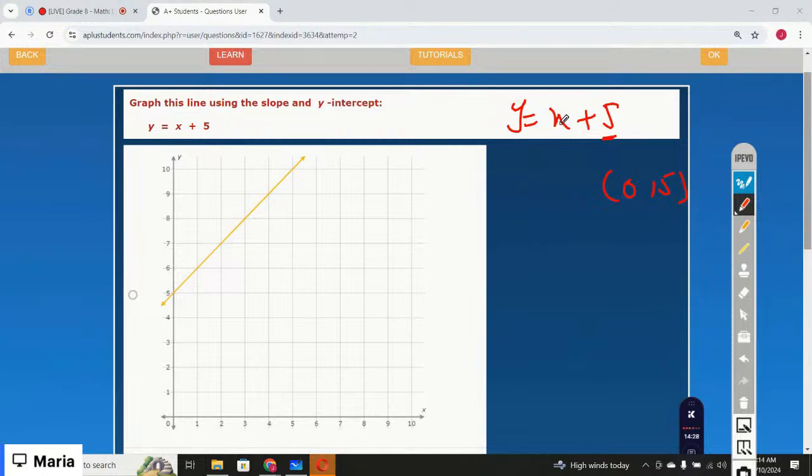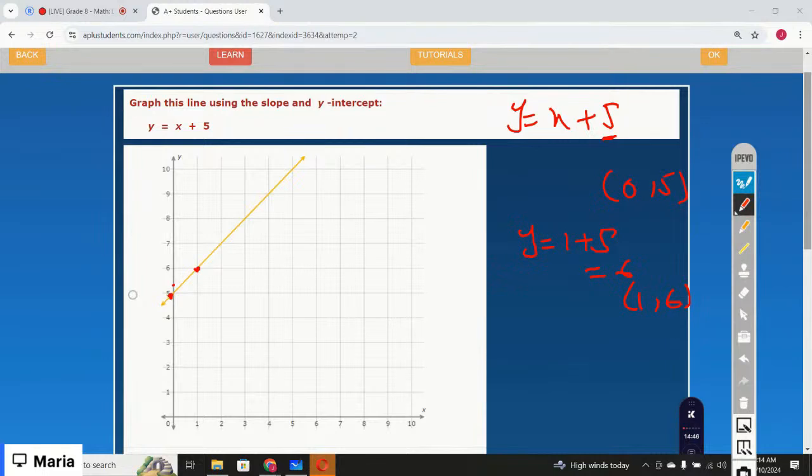Now let's just put x equals 1 in the equation. Replace the x with 1. So y equals 6. You have another point. x is 1, y is 6. Just plot these 2 points. Look at the graph. x is 0, y is 5. x is 1, y is 6. So here are the 2 points.